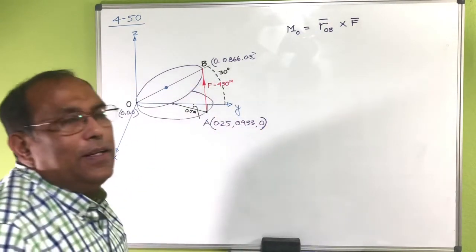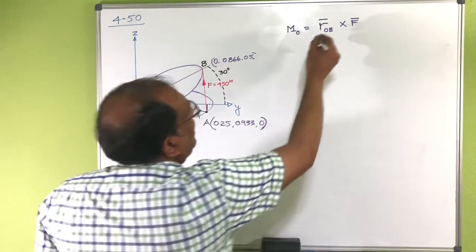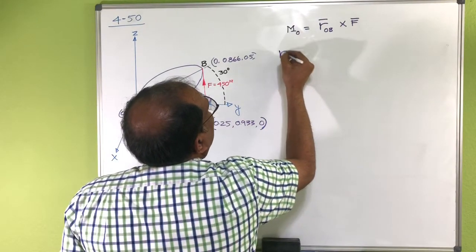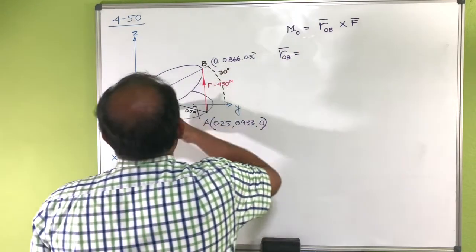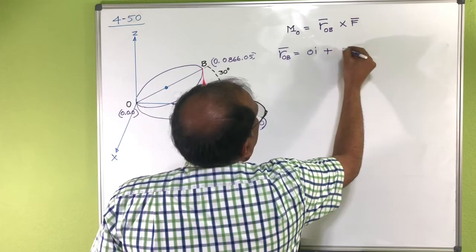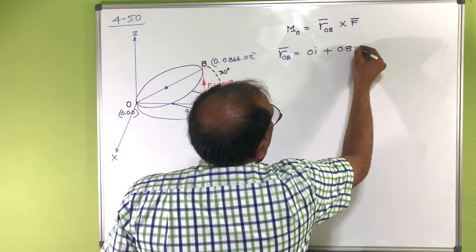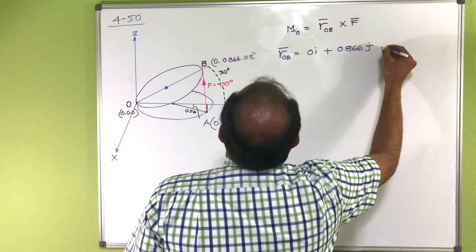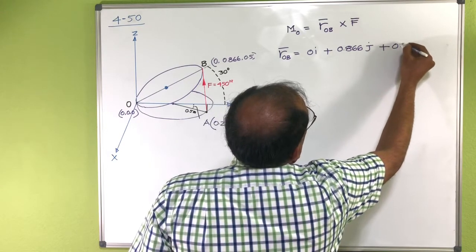Okay? So if I want to write my position vector ROB, that's actually B minus O, so this is 0 I plus 0.866 J plus 0.5 K.